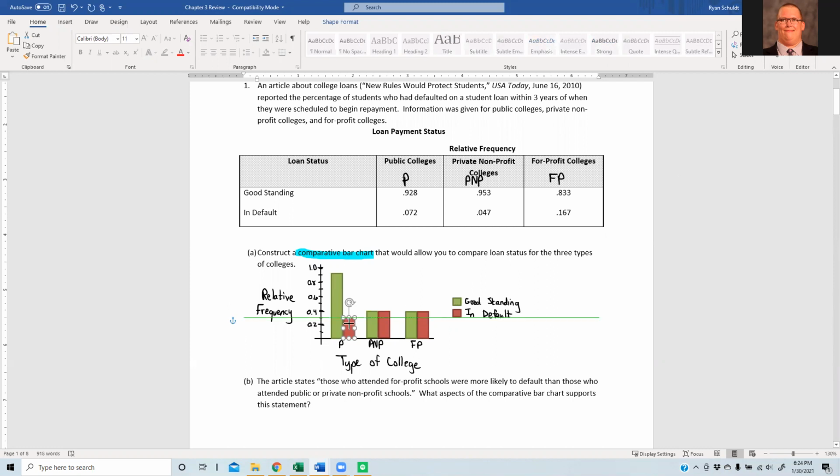Public college in default, we're at about 0.7072. So I'd say about right there.